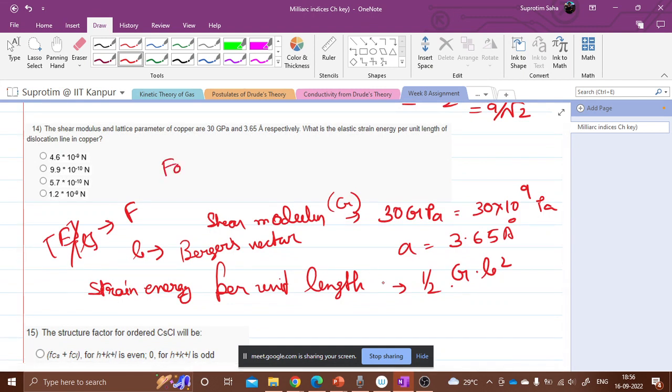For copper, the structure is FCC, so B would be a over root 2.